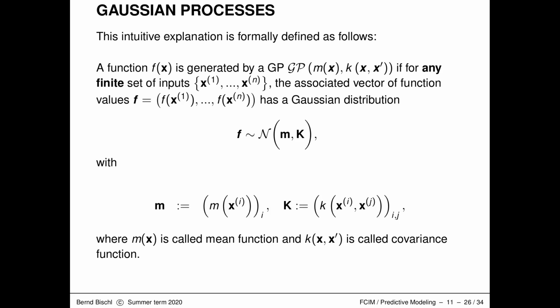The mathematics behind GPs tells me that this is a valid thing to do, and that this completely specifies my Gaussian process. So you can now discuss two scenarios here.